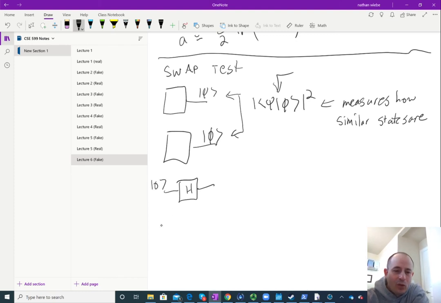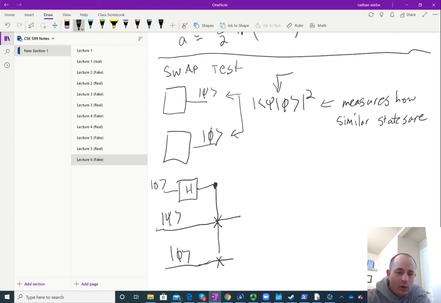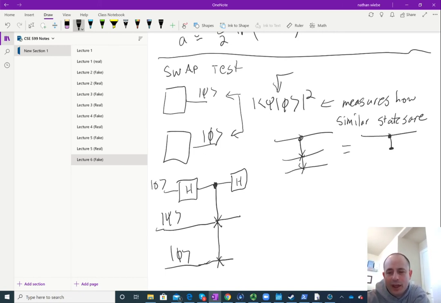We start out with two copies of these states, psi over here and phi down there. Now, what we do is we perform a controlled swap operation. And again, recall from last time that a controlled swap can always be written as a Toffoli gate followed by two CNOTs.